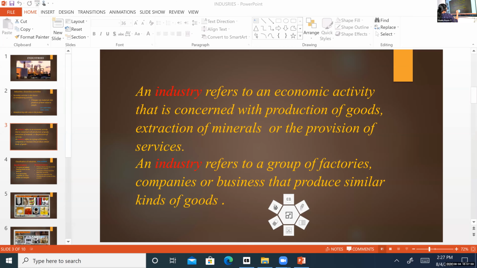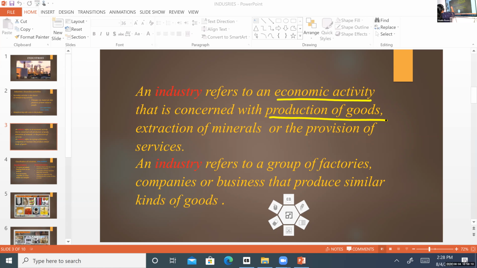That is the definition of industry. In simple words, we can say it is an economic activity concerned with production of goods, extraction of minerals, provision of services. It involves money, buying, selling, right?